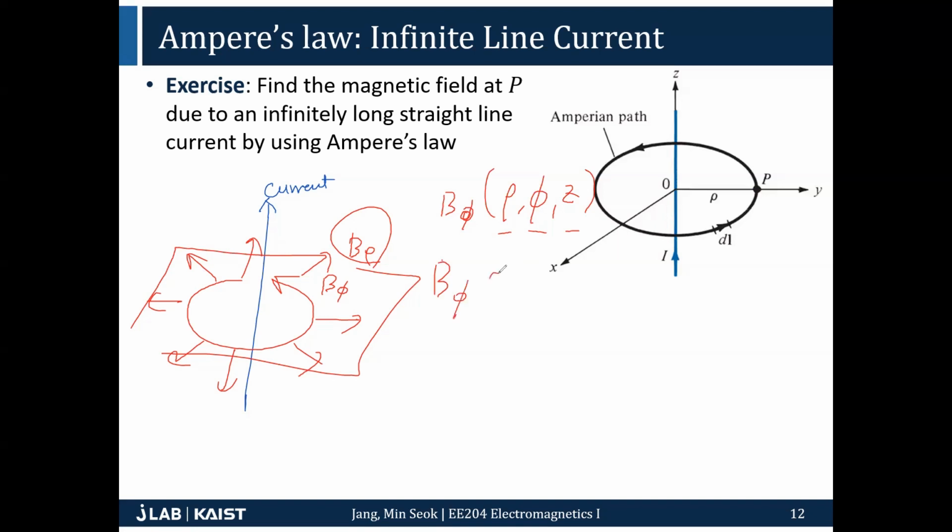Can B phi depend on everything? What we want to argue is that B phi is actually a function of rho only, and it cannot depend on phi or z. How can we argue that?